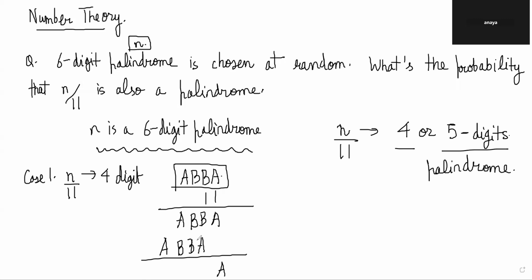Let me think. Because it has to carry over. If there are no carryovers, it will be A, A plus B, 2B, A plus B, and A. But then we get only 5 digits. So A plus B should have a carryover.